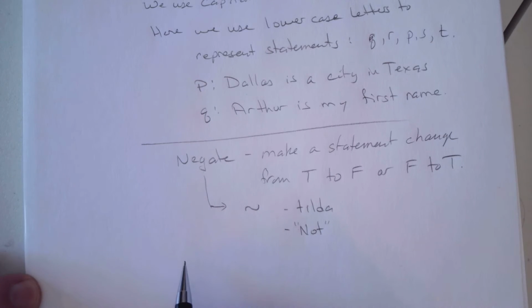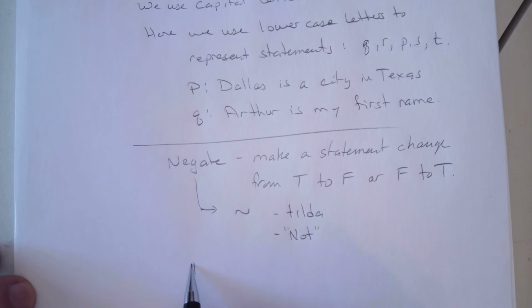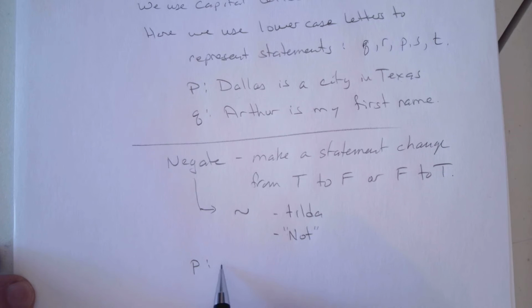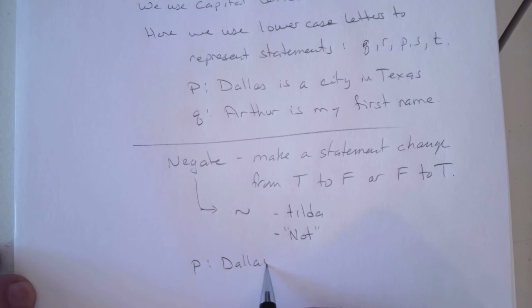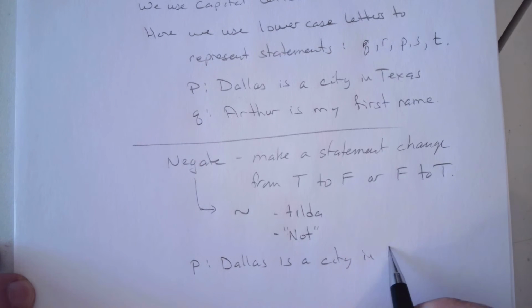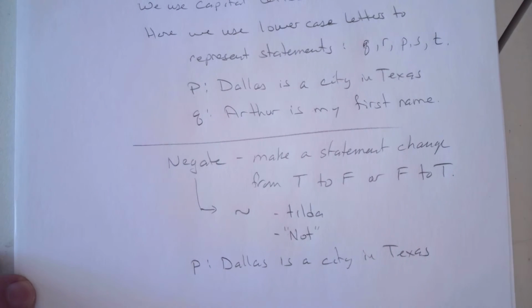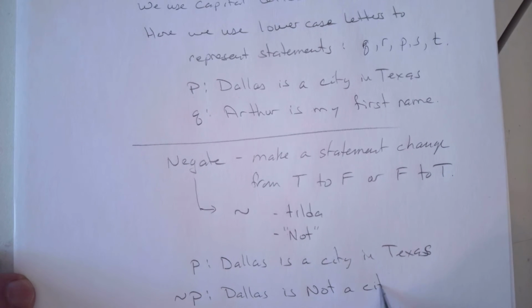So, for example, here originally we had P. It said that Dallas is a city in Texas. If I make it not P, then we negate this sentence: Dallas is not a city in Texas.